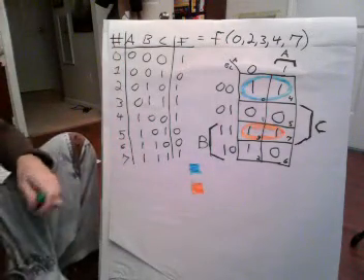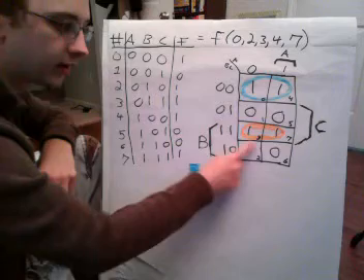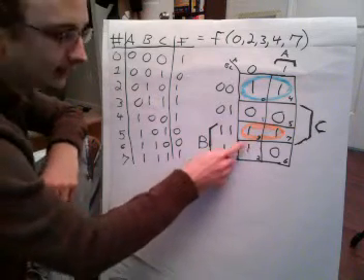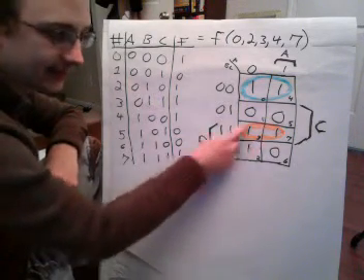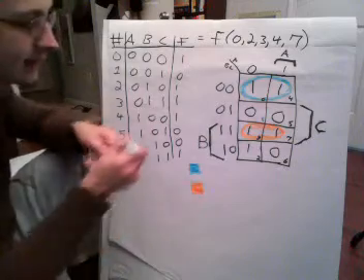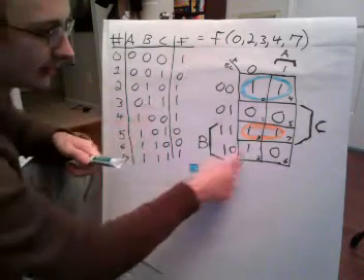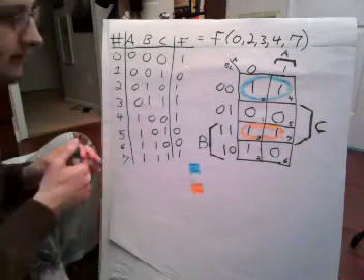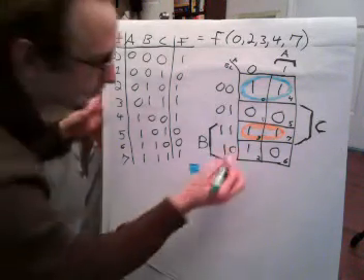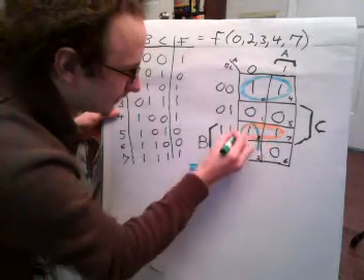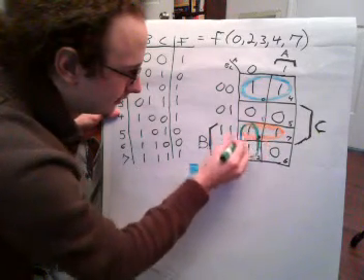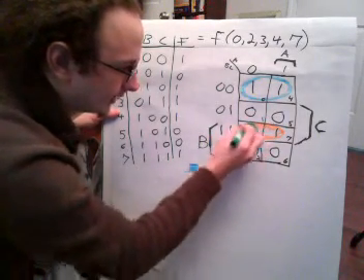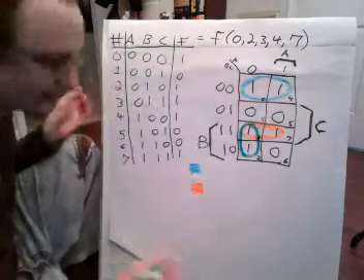And then finally, since I have this 1 all by itself, I'm going to connect it right here. That's the easiest thing for me to see as a group. Now it could be connected all the way wrapped around, but usually that's a little bit more complicated to look at visually. So I'm going to just make a green grouping here.